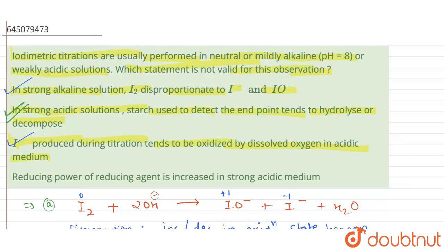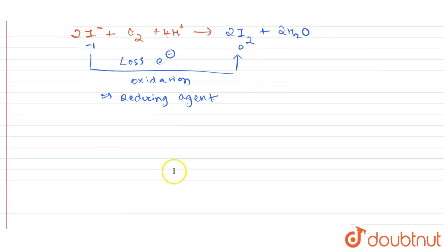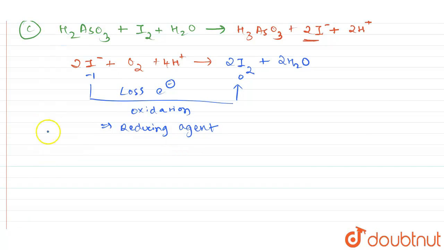In this last statement it is said that the reducing power of the reducing agent is increased in strong acidic medium. They are saying the reducing power is increased. Whereas in the acidic medium, what happens is that the above reaction reverses.